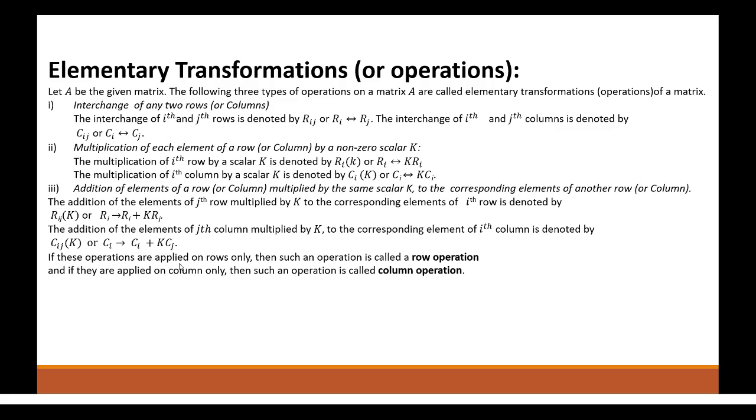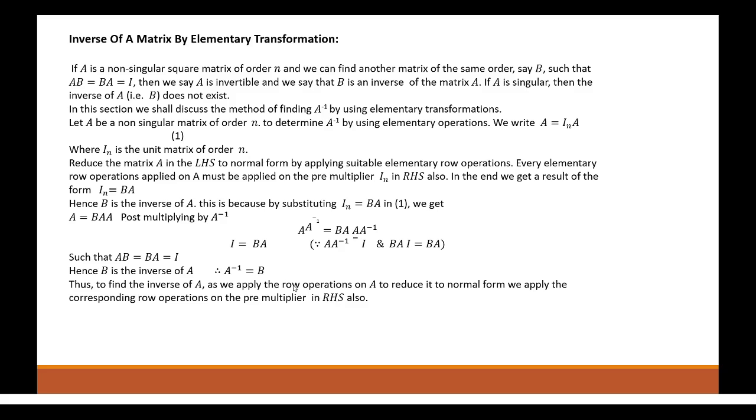If these operations are applied on rows only, then such an operation is called a row operation. And if they are applied on columns only, then such an operation is called a column operation.